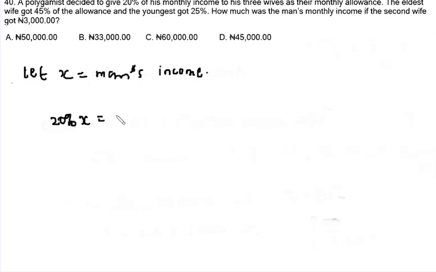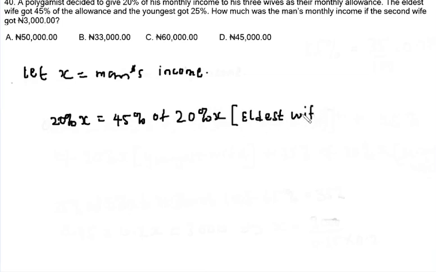So 45% of the 20% of x was given to his eldest wife. And then the question also tells us that 25% was given to the youngest. So this is plus 25% of the 20% of his allowance was given to the youngest wife.